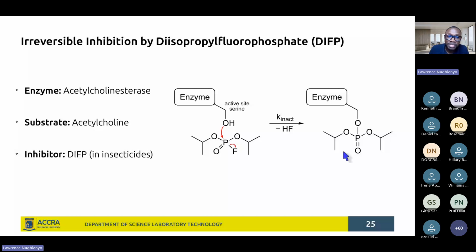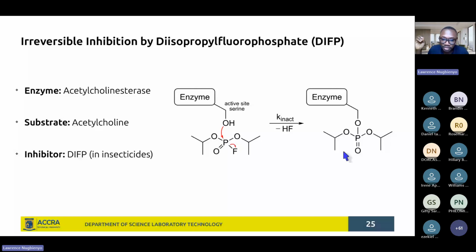So what it means is that DIFP's inhibition will result in some paralytic reaction, some paralysis, because the muscle will just be relaxed.